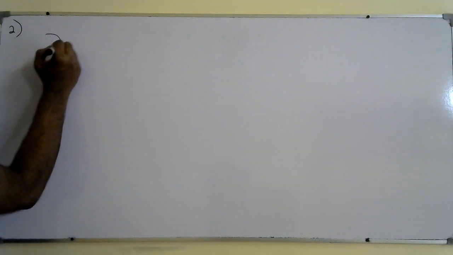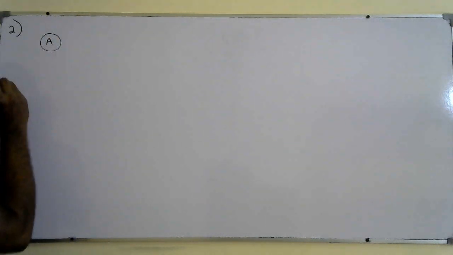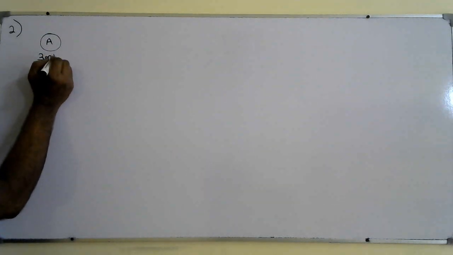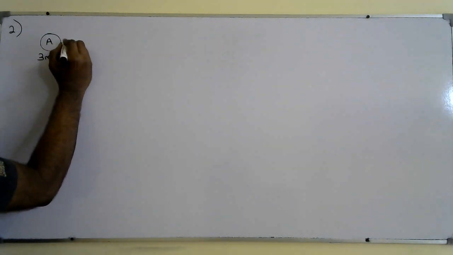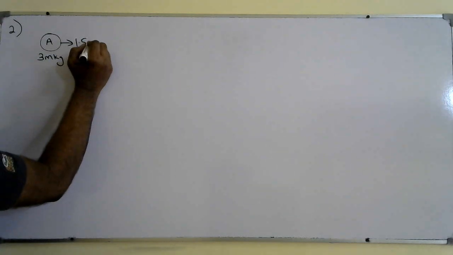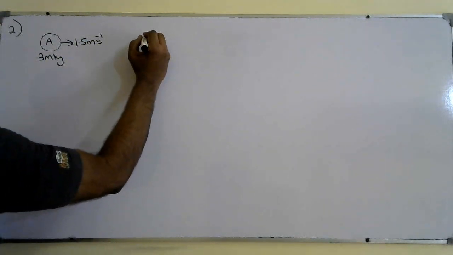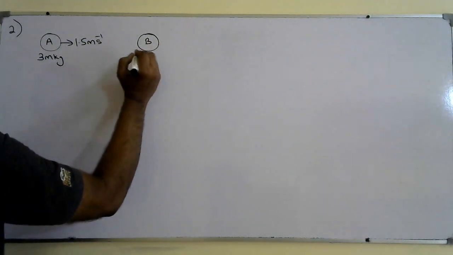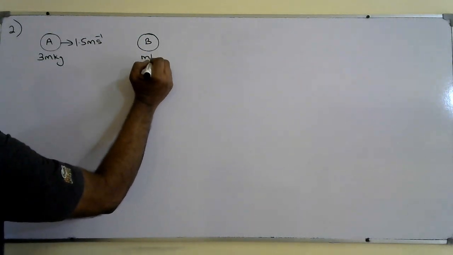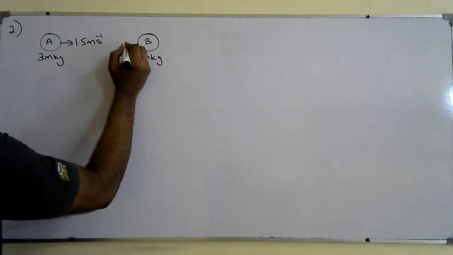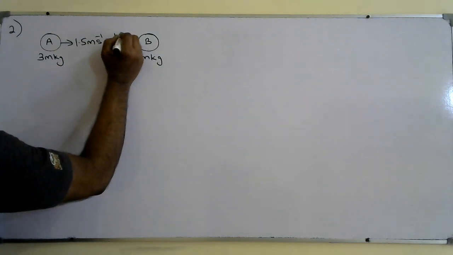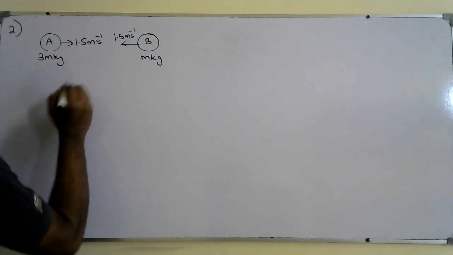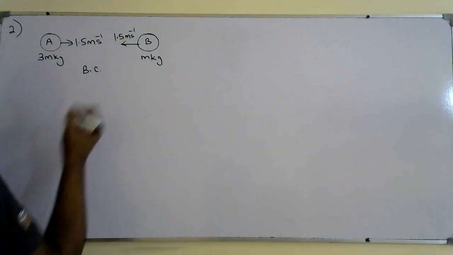So they are moving in opposite directions. This is particle A, which has mass 3m kilogram, moving at a speed of 1.5 meter per second. Particle B, which has mass m kilogram, also has the same speed, 1.5 meter per second. This is before collision.